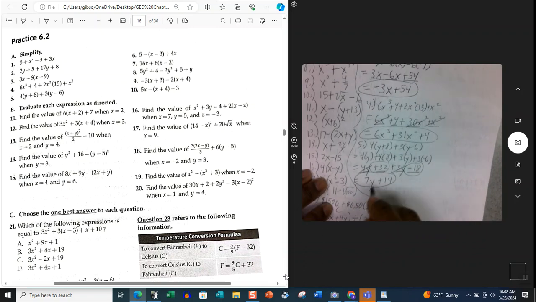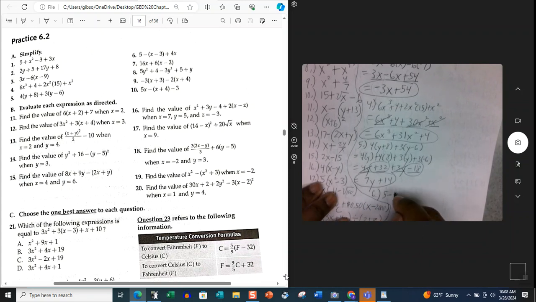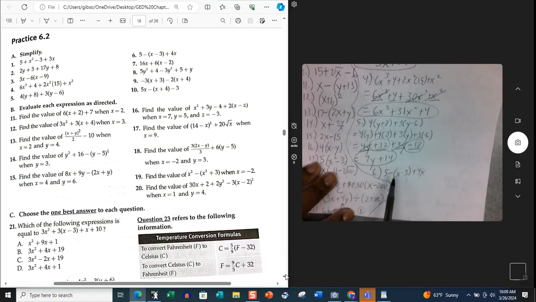Okay, now number 6. You have 5 minus (x minus 3) plus 4x. Now, whenever you have a minus in front of a parenthesis, I know that you probably learned previously that you would just change the sign of everything on the inside. But I want to be consistent. Since you have a minus in front of this parenthesis, it's really a minus 1 in front of this parenthesis, even though that 1 is not shown, but I'm showing it now.